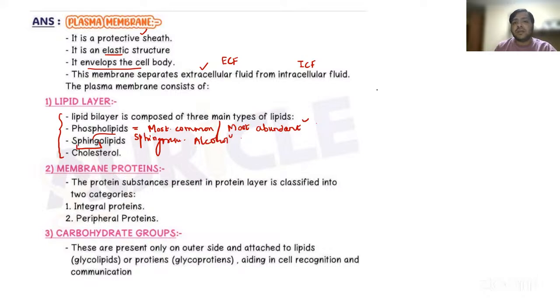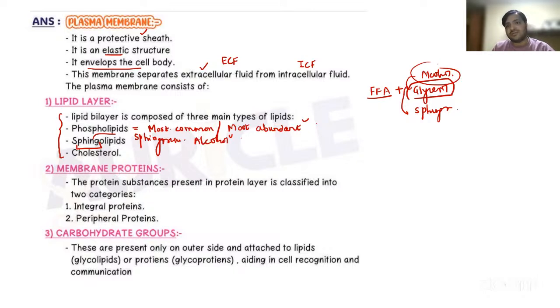You already know we have the free fatty acids and the alcohol, and this alcohol can be either glycerol or sphingosine. So yes, we have sphingolipids also. It's a compound lipid, meaning the complex lipids that we discussed yesterday. We have cholesterol also, right? So the lipid component not only includes the phospholipids, but also the sphingolipids and the cholesterol.